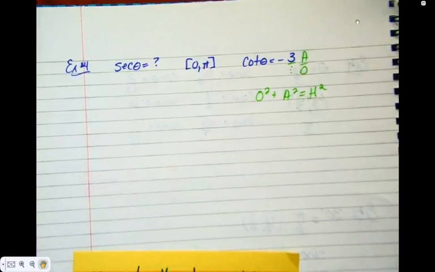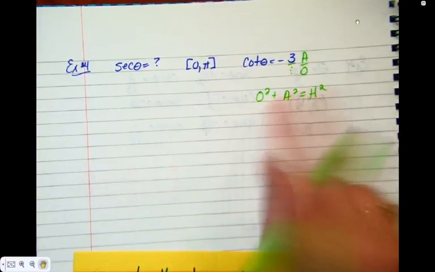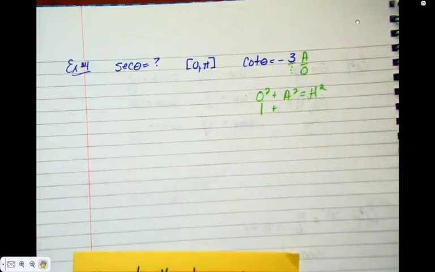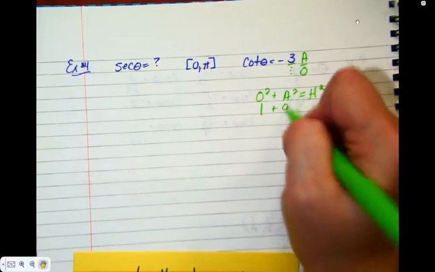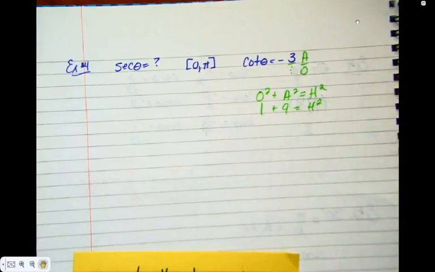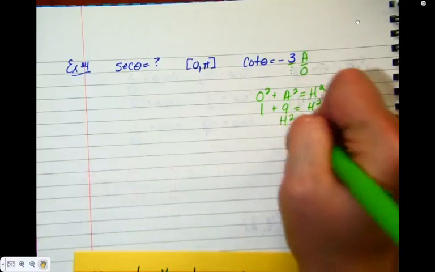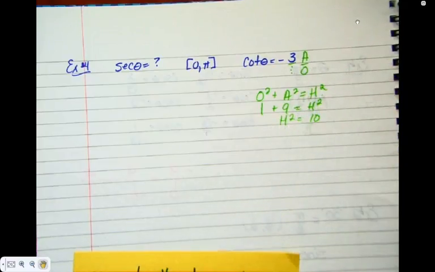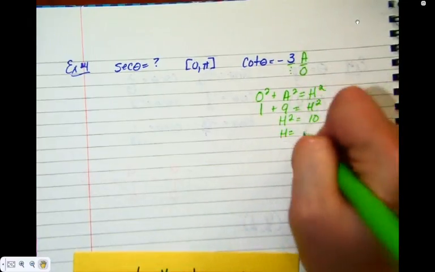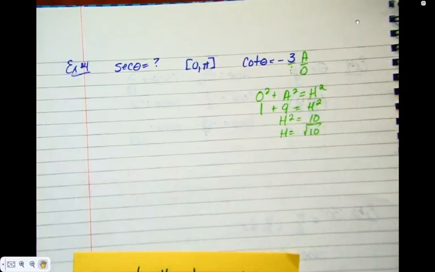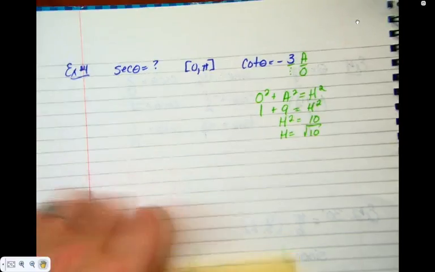Again, let's just do some mental math. 1 squared, -3 squared, so H squared equals, that means H equals, simplify. How do you know if you can simplify? No perfect square factor, so 1 and 10, 2 and 5, can't do anything with it. Step 2, check, check. Okay, step 3.